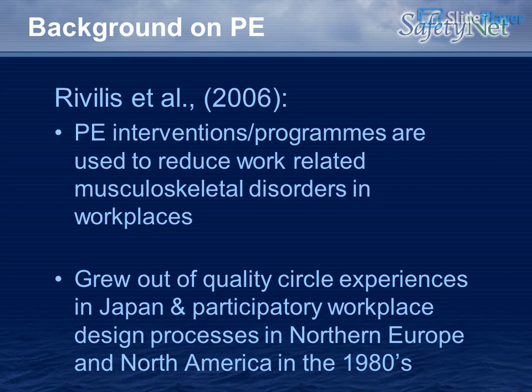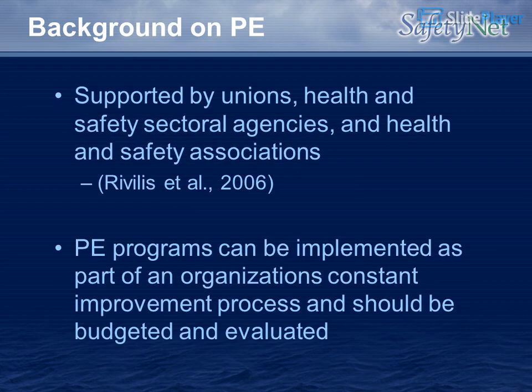It grew out of quality circle experiences in Japan and participatory workplace design processes in Northern Europe and North America in the 1980s. It is supported by unions, health and safety sectoral agencies, and health and safety associations.